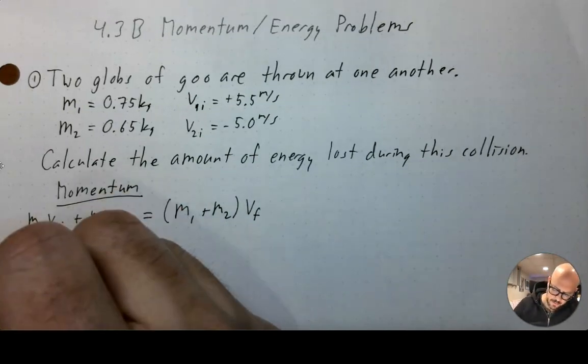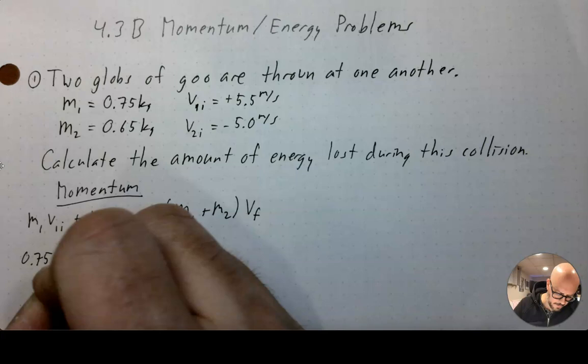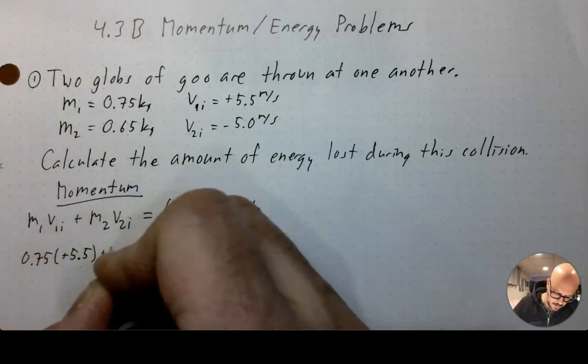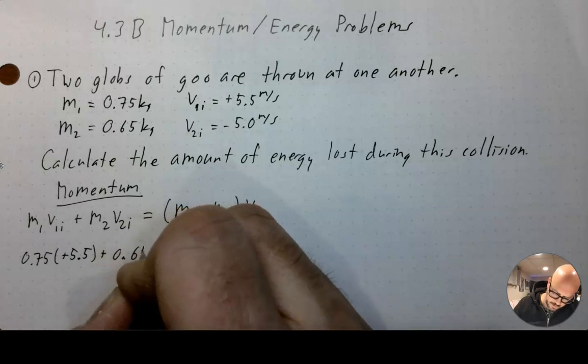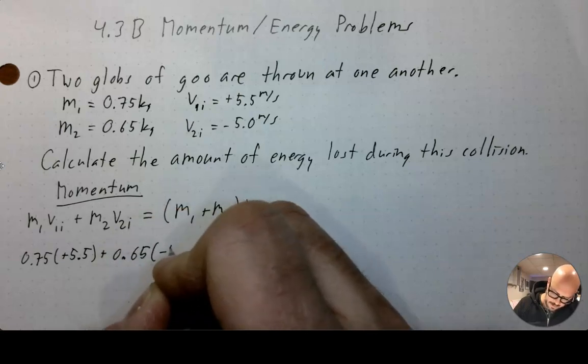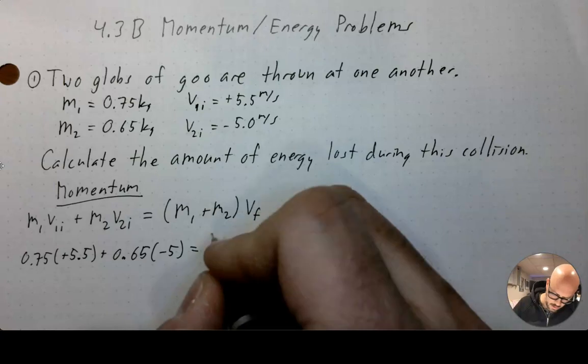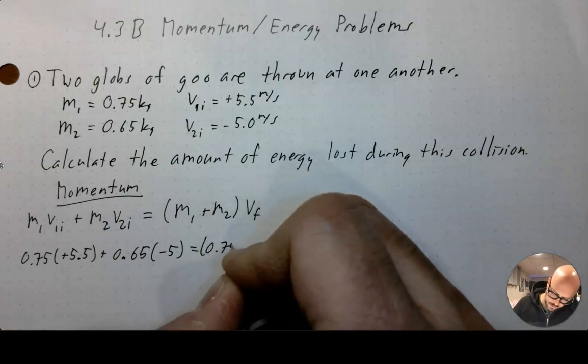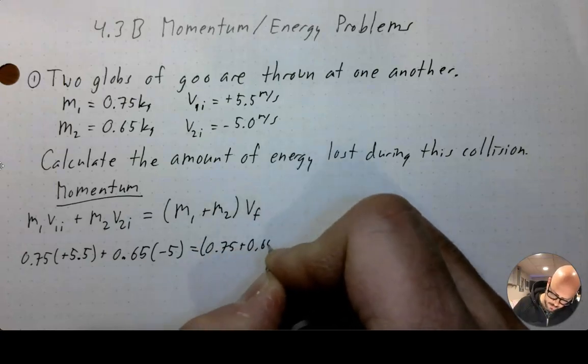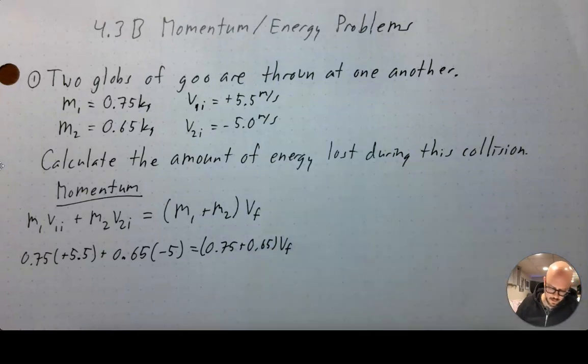So if I plug in my numbers, 0.75 times positive 5.5 plus 0.65 times negative 5 equals 0.75 plus 0.65 times VF.